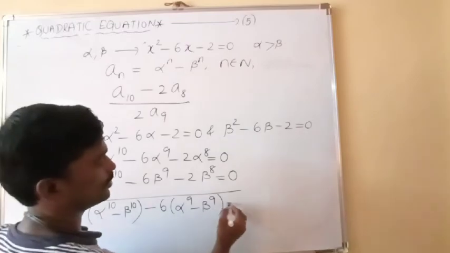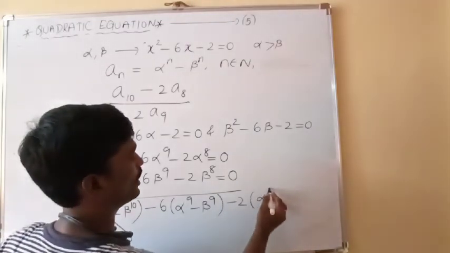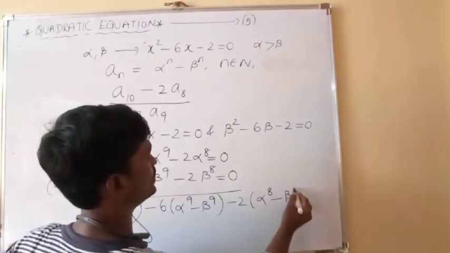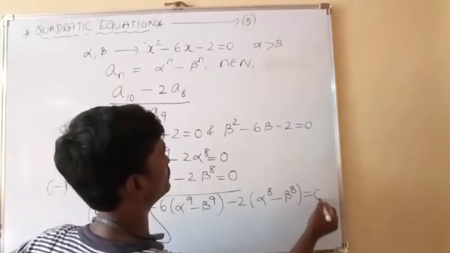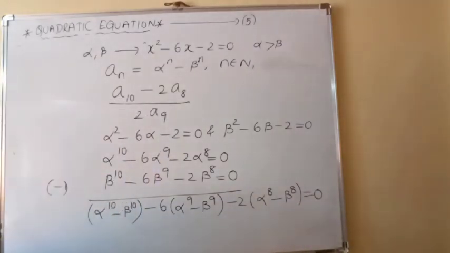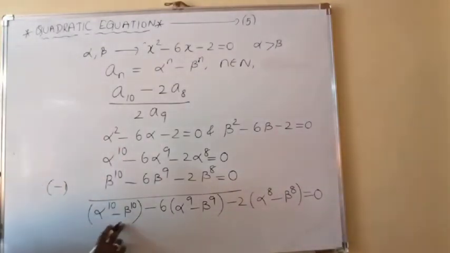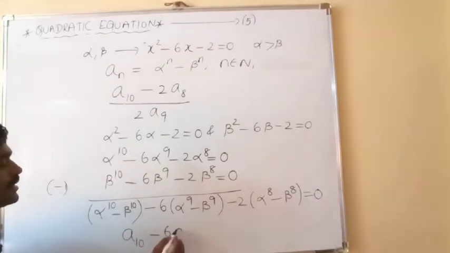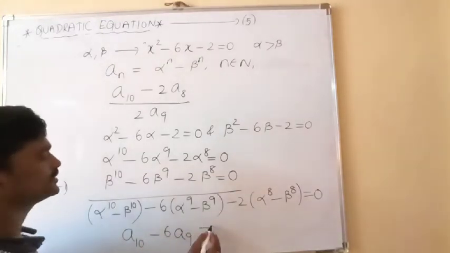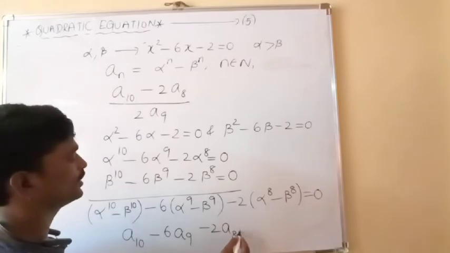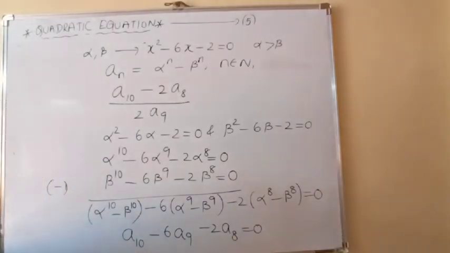In the same way, minus 2 into alpha power 8 minus beta power 8 is equal to 0. Now this alpha power 10 minus beta power 10 is nothing but a10. This is a9 and this is a8, is equal to 0.